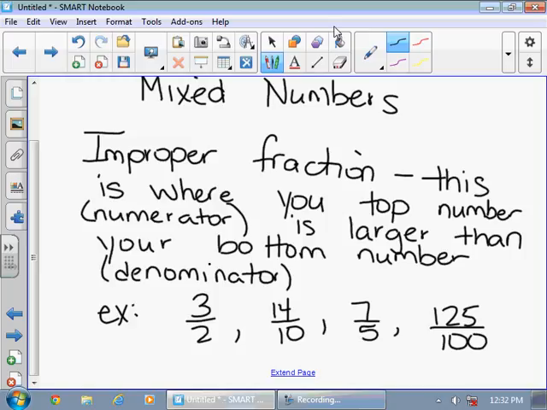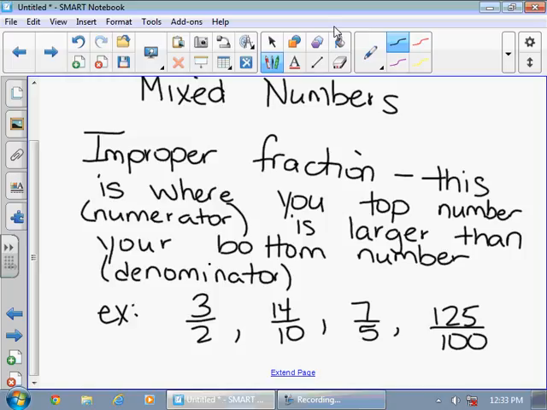It's good to know these steps, and unfortunately Virginia SOL tells us we have to know it because it's a skill they want to see that you demonstrate. But mathematically, we don't do a whole lot with mixed numbers. We do more with improper fractions than we do mixed numbers. But again, this is something that's told to us that we must know and must learn how to do.